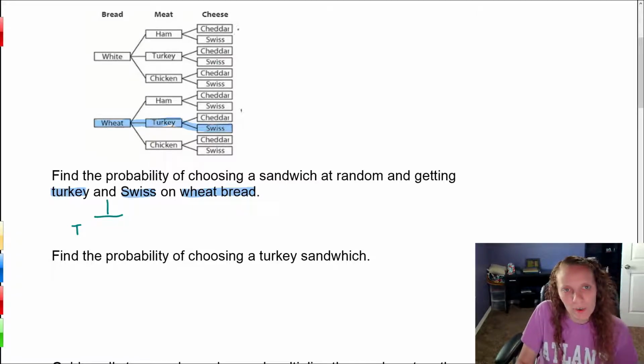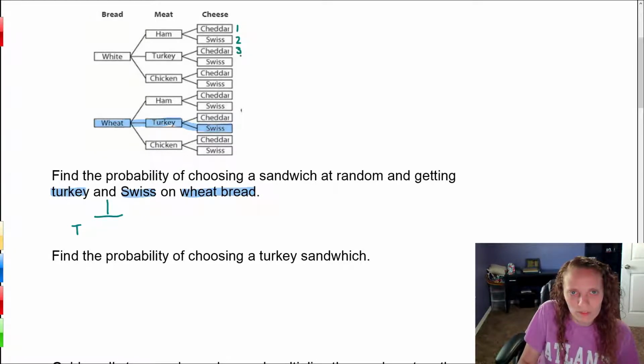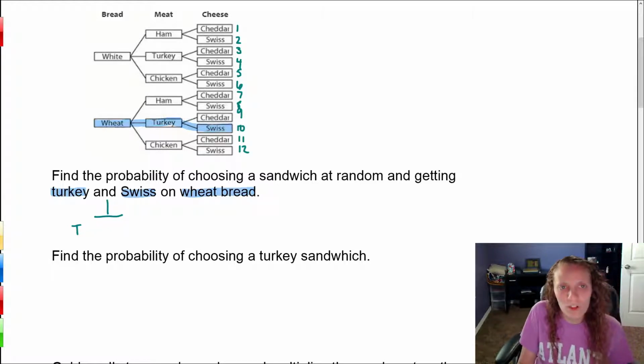If you keep going, each of these end answers counts as one sandwich. So if you count up all of the end blocks, it adds up to 12 different sandwiches. So the odds that somebody would pick turkey Swiss on wheat bread is 1/12.